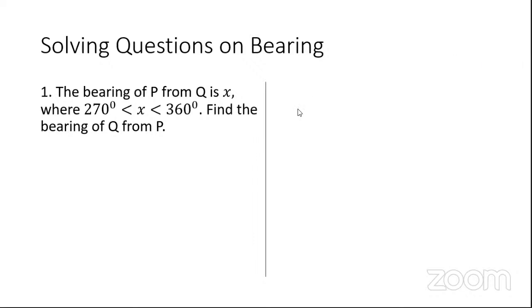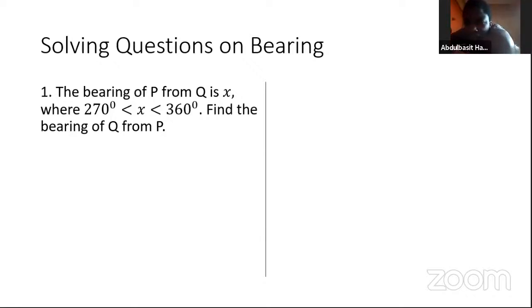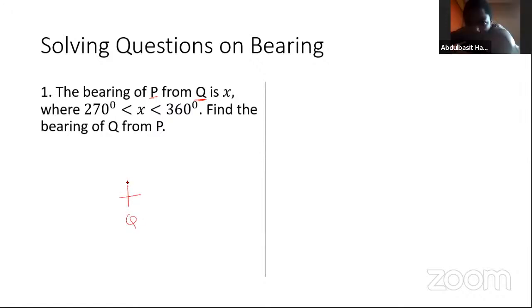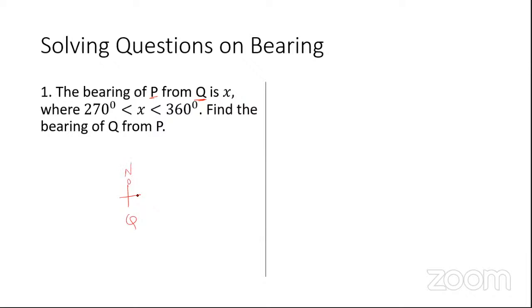Okay. So now in this particular question, the bearing of P from Q is X, where X is between 270 and 360. Find the bearing of Q from P. Now, the bearing of P from Q means the first thing is that you go to Q. If this is Q and this is 0, we must start from the north.